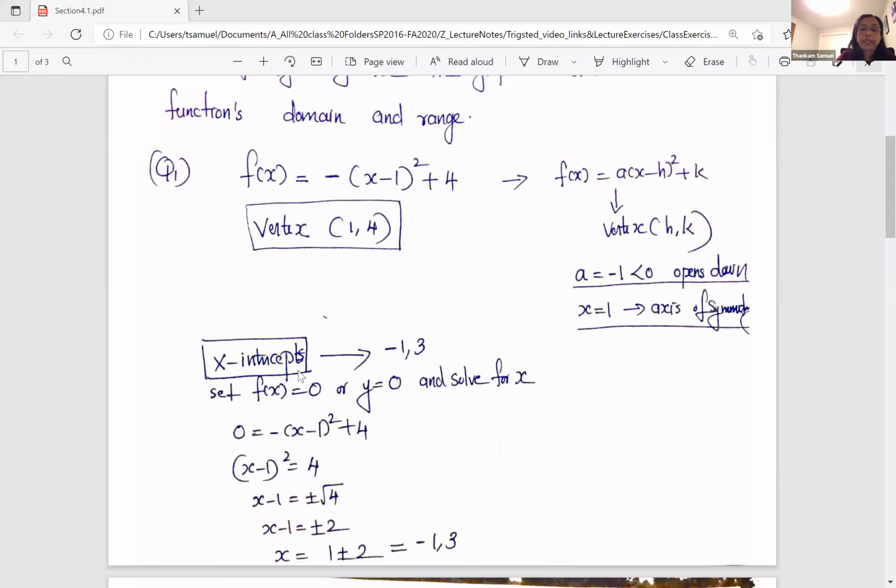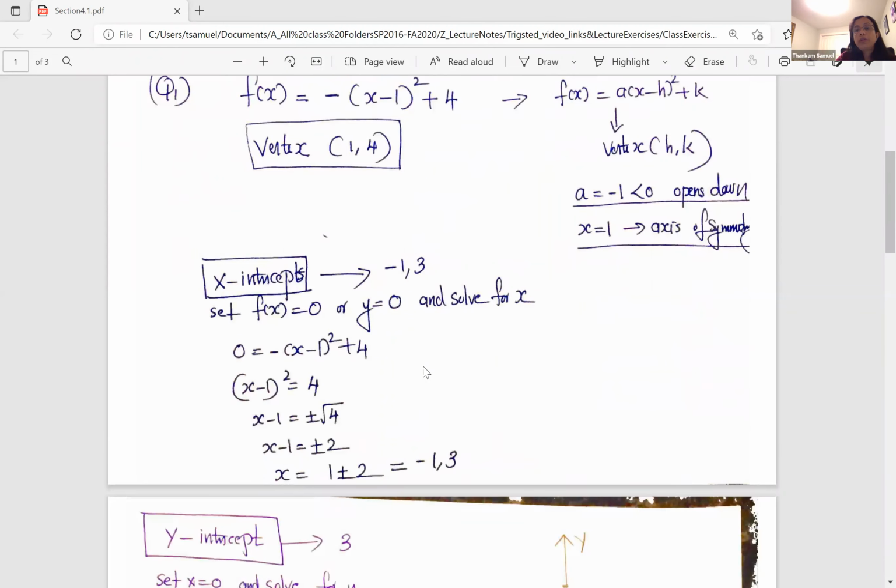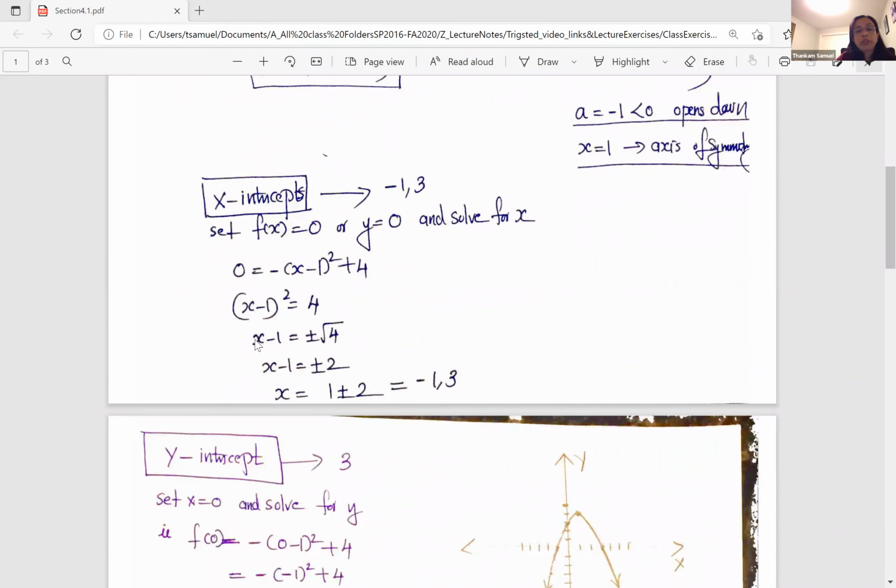To find the x-intercepts, we know the rule: set the function to 0, or y equals 0, and solve for x. So negative (x minus 1) squared plus 4 equals 0. To solve for x, first we need to get the square term by itself. So (x minus 1) squared equals 4. Then take square roots on both sides, using the square root property.